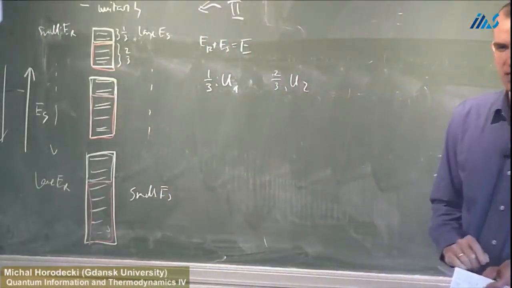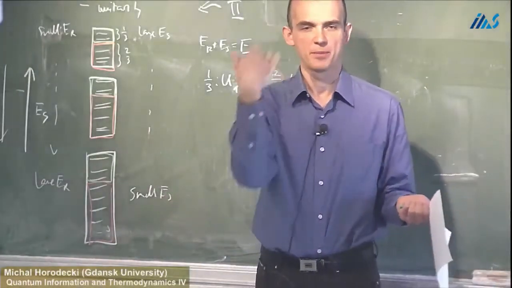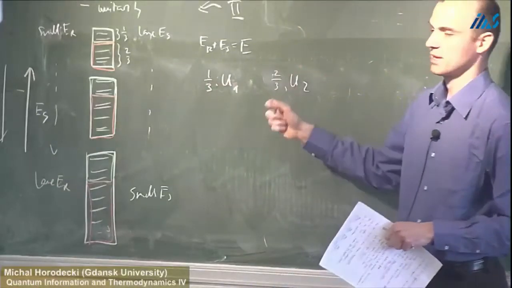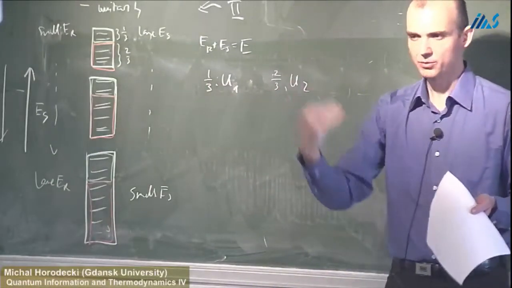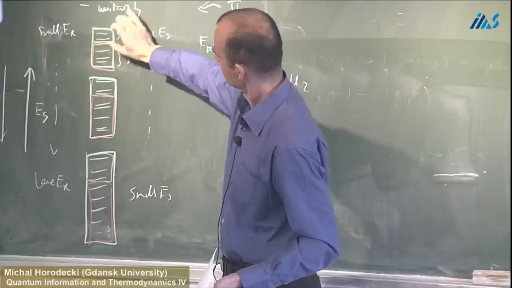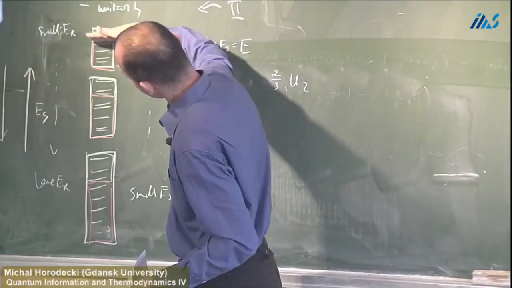I use the fact that you have a really huge heat bath with plenty of levels, and I can generate these probabilities by using the randomness from the heat bath. I have really a lot of randomness here, and within each block the probabilities are equal.